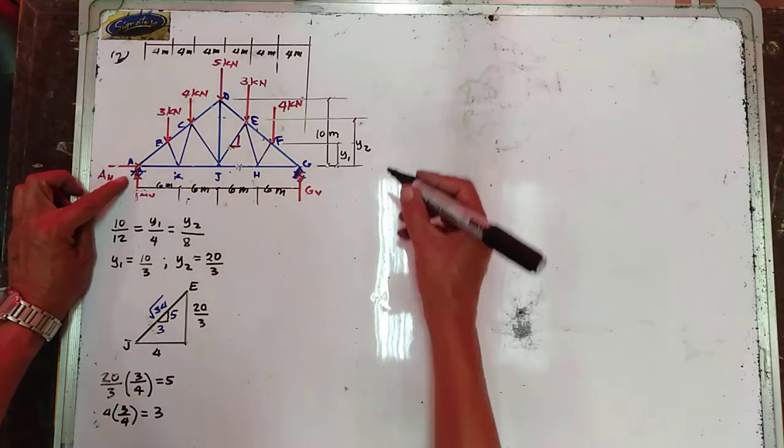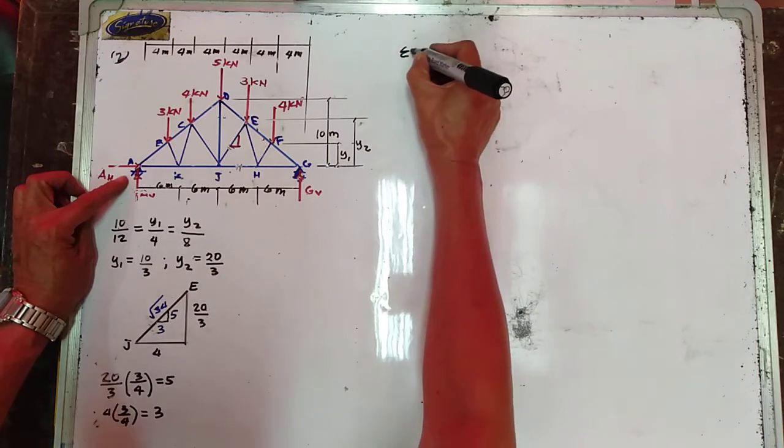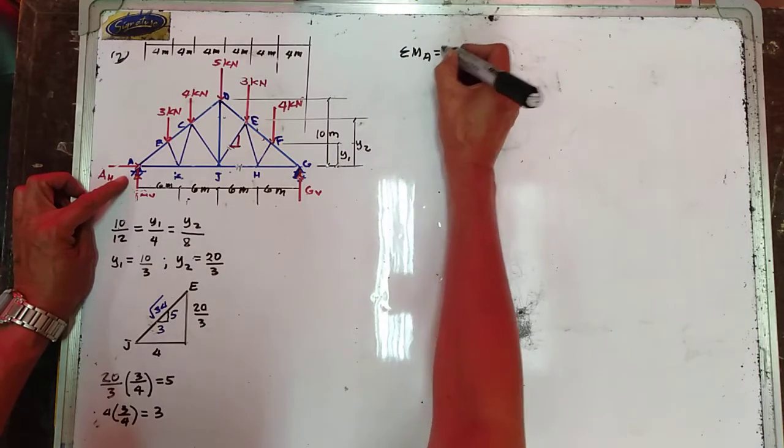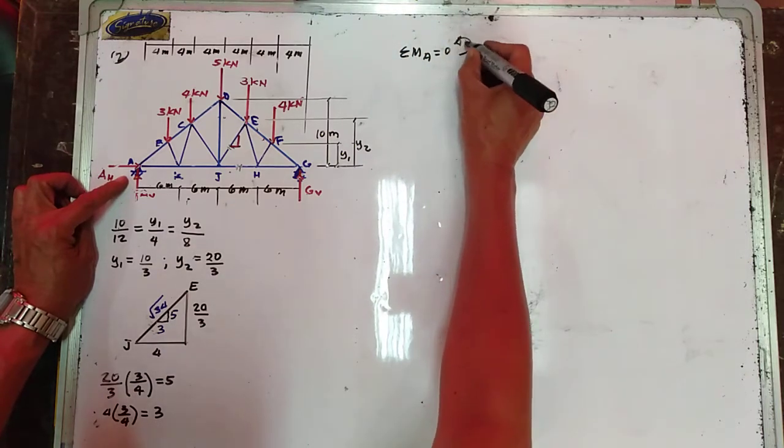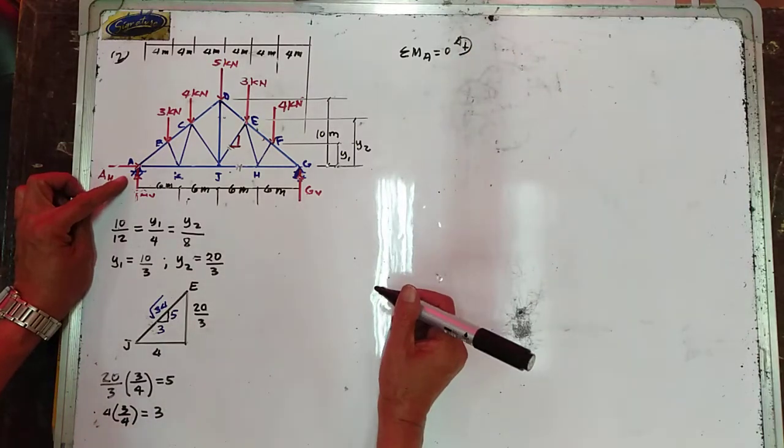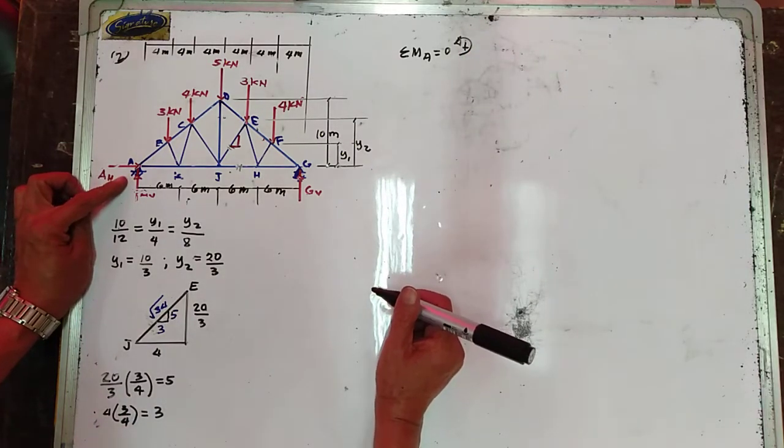Now, let's try to determine the reactions. Summation of moment about A is equal to 0. We have counterclockwise moment positive.